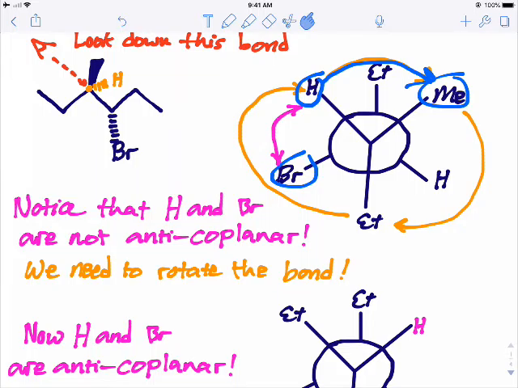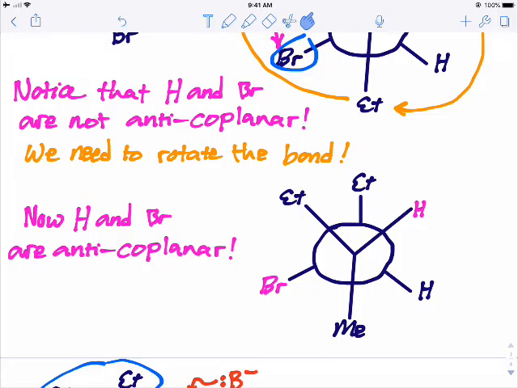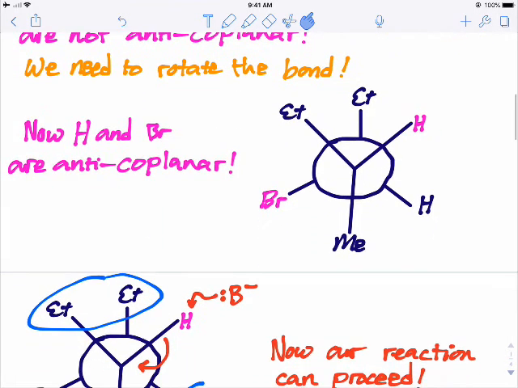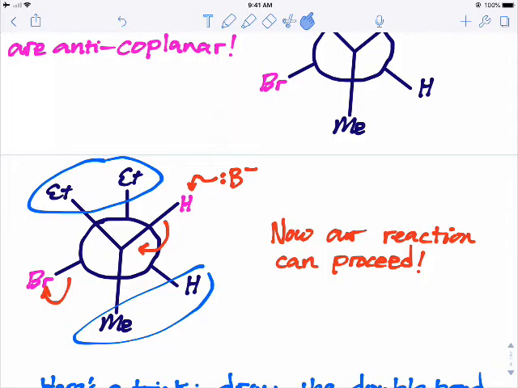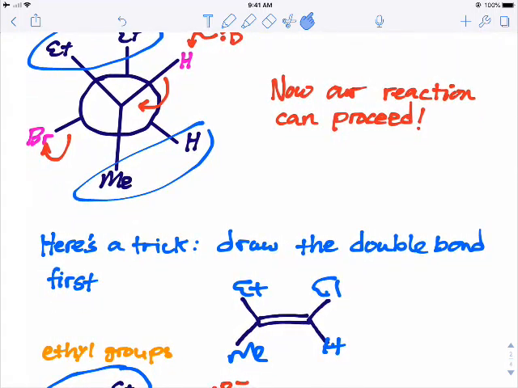If they aren't anticoplanar, you want to try to rotate a single bond around so that they are anticoplanar. Then you proceed with the reaction, locking the remaining groups in their relative position. Then when you draw the molecule out, keeping those groups in that relative position, you can rank them based on stereochemical priority and determine whether the ones are together, such that it's a Z, or whether the ones are apart, such that it's an E. We can do more of these in workshop if you need more help.